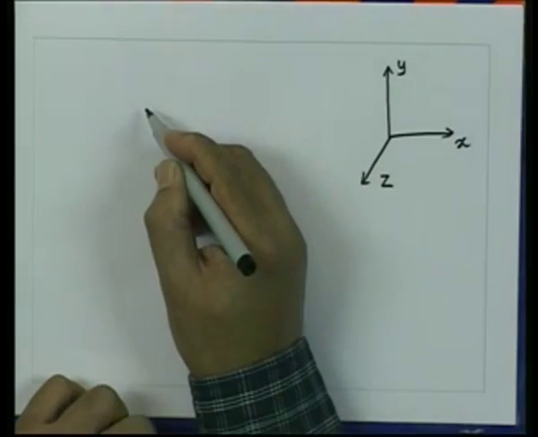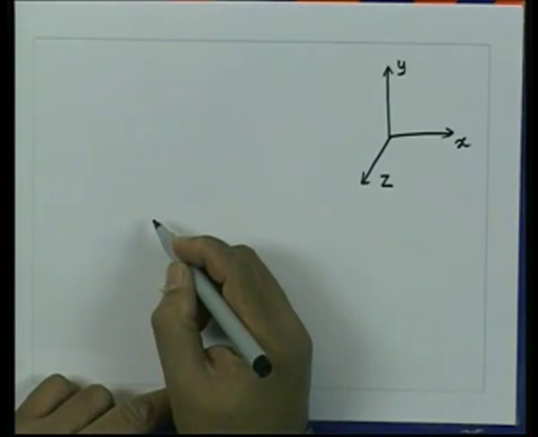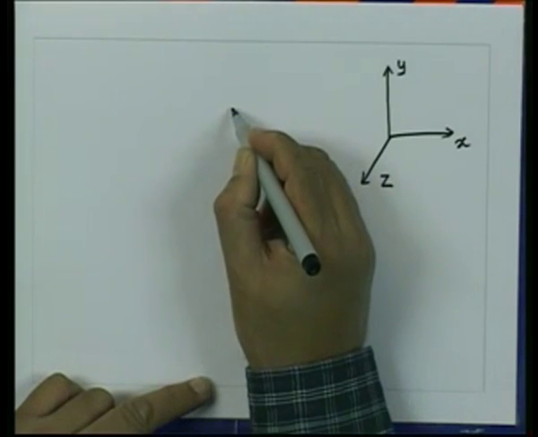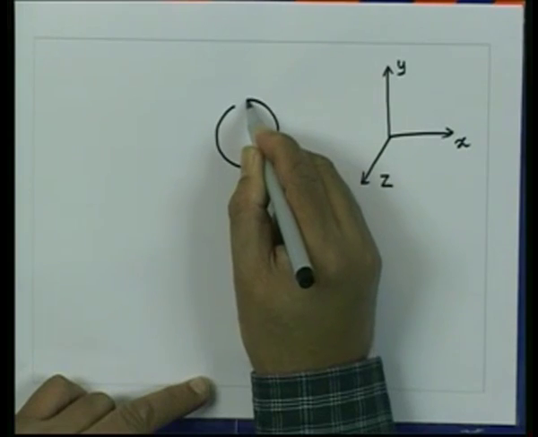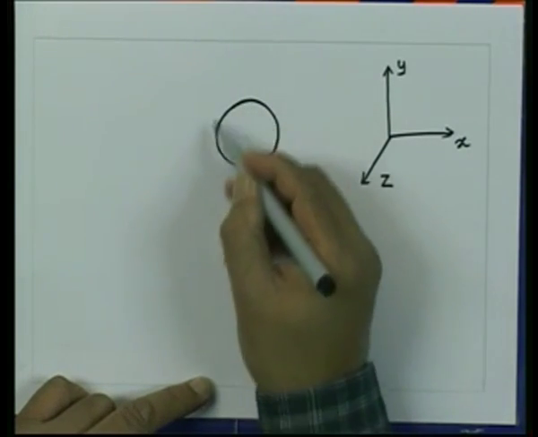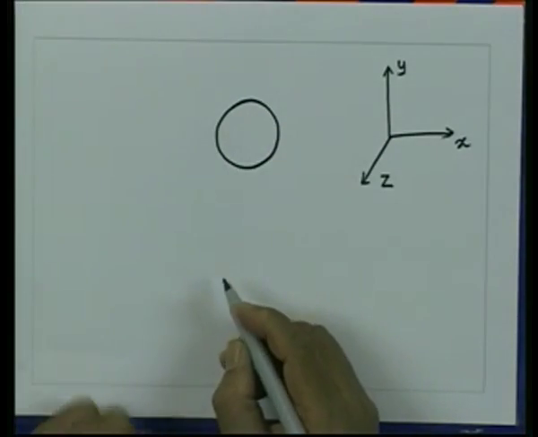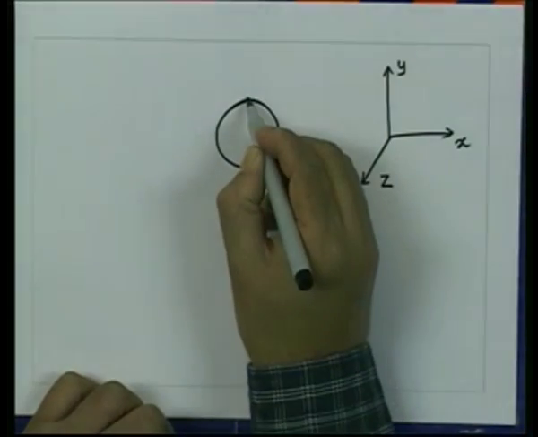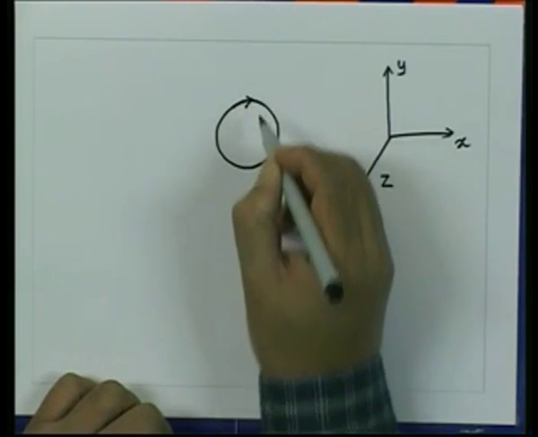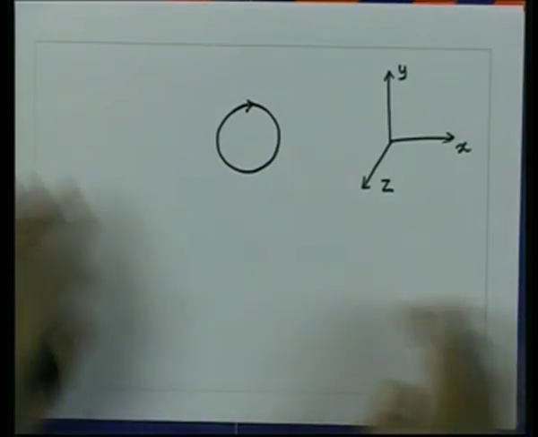So, a unit left handed polarized wave would represent a vector whose amplitude remains 1 and it rotates in the left handed sense. So, since the wave is coming out of the paper, this rotation will represent the left handed rotation.